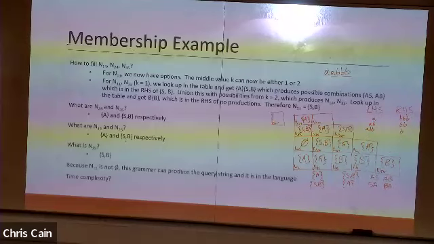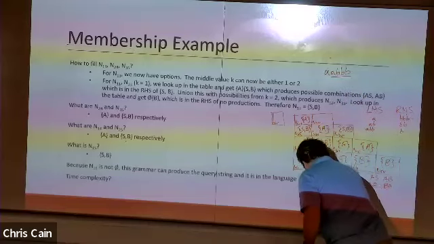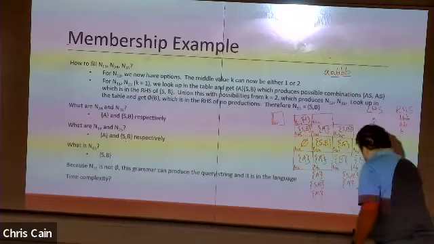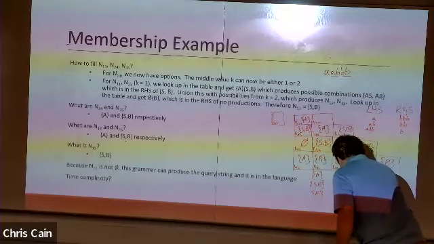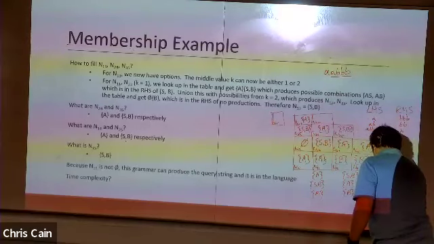Looking at the last one, ABB. That is 2 up to 4. So left-hand side is A. Right-hand side is just this last B, which is 5, 5. So this can produce just AB.